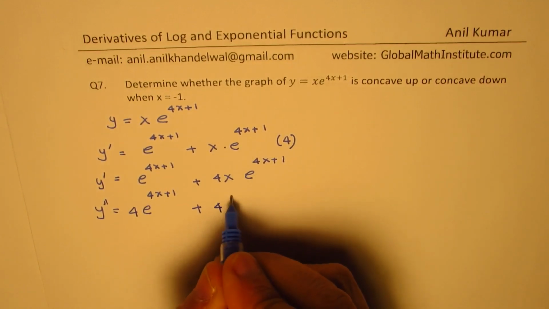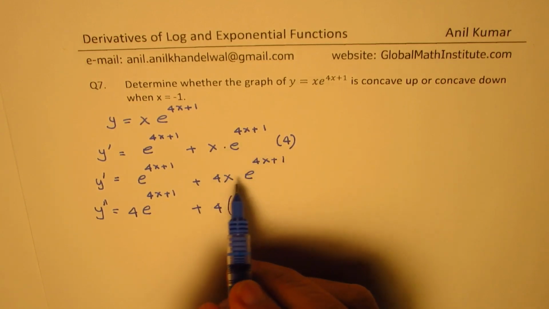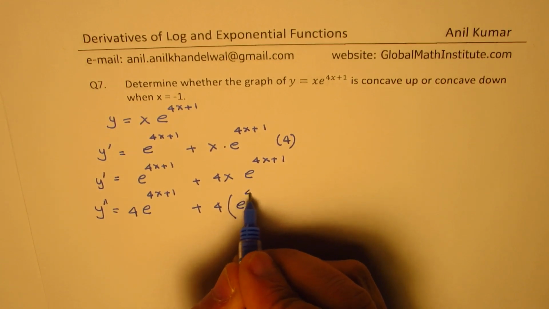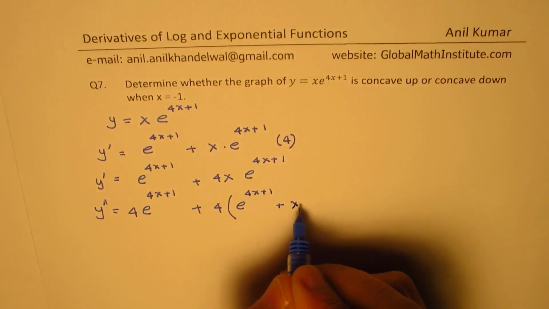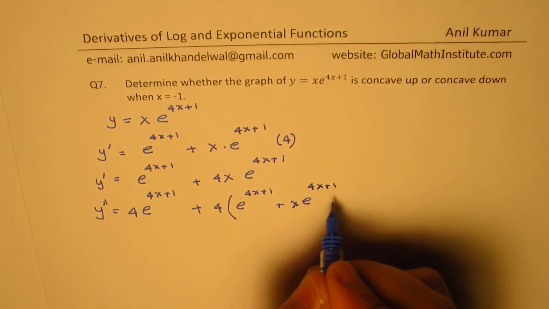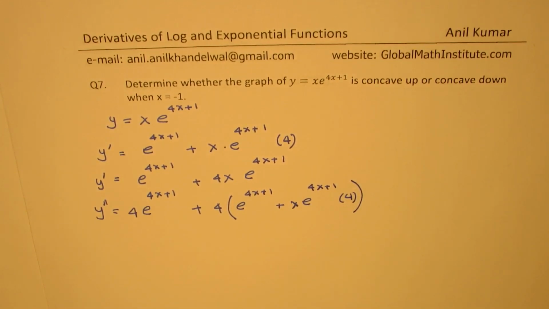It is 4 times the first derivative, e to the power of 4x plus 1, plus x times e to the power of 4x plus 1 times 4. So that becomes the second derivative.